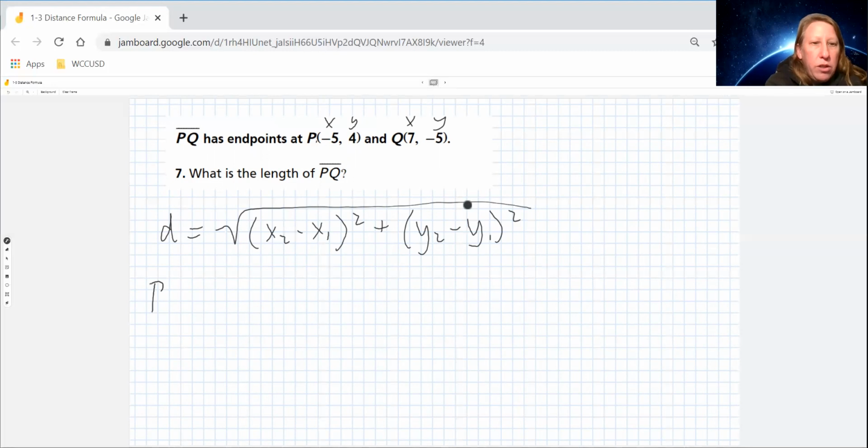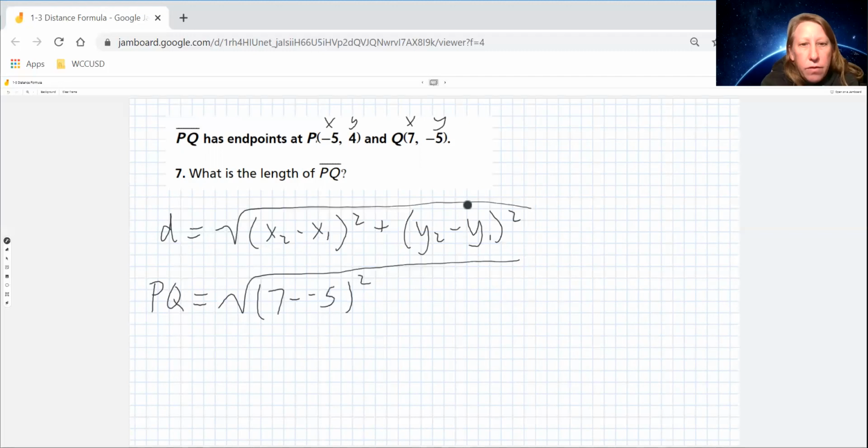I want to find PQ, the length of line segment PQ. I'm going to do 7 minus -5 for the x's, and -5 minus 4 for the y's. That's the change in the y's.